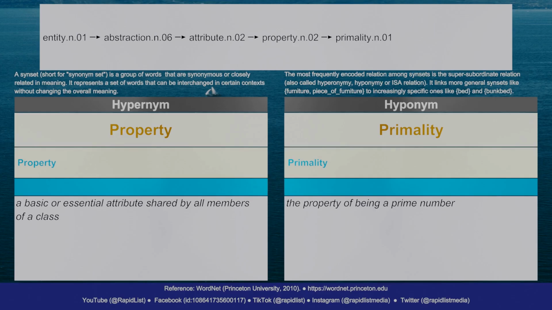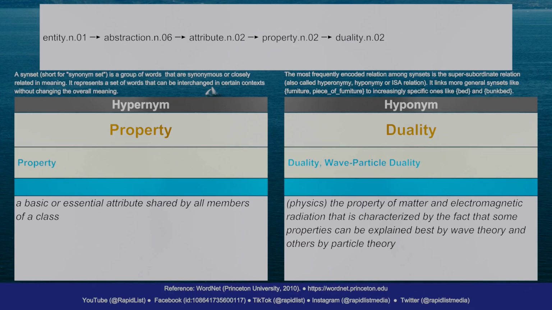Primality. The property of being a prime number. Duality. Physics, the property of matter and electromagnetic radiation that is characterized by the fact that some properties can be explained best by wave theory and others by particle theory.